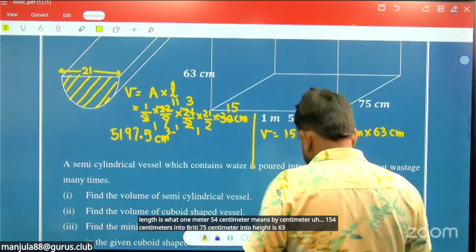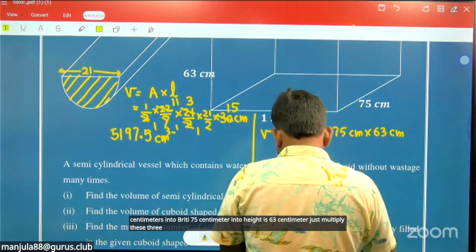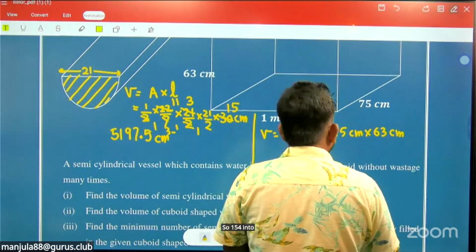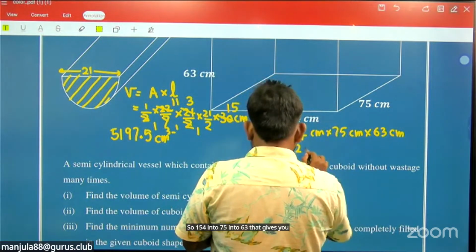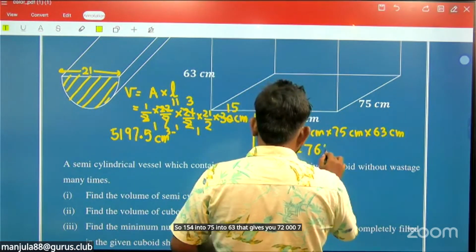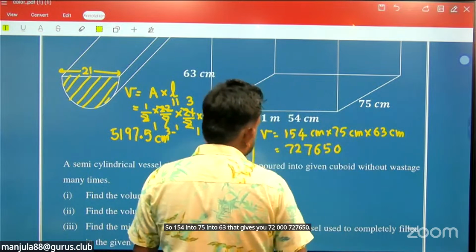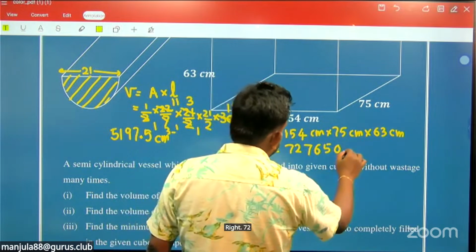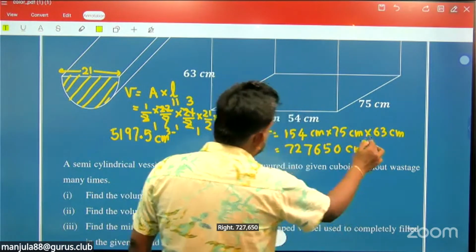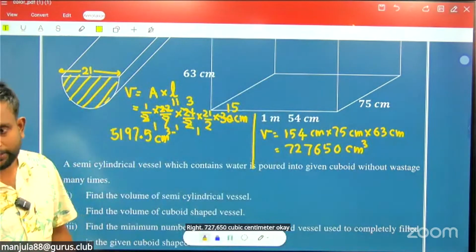Just multiply these three. So 154 into 75 into 63 gives you 727,650 cubic centimeters. Okay. Right.